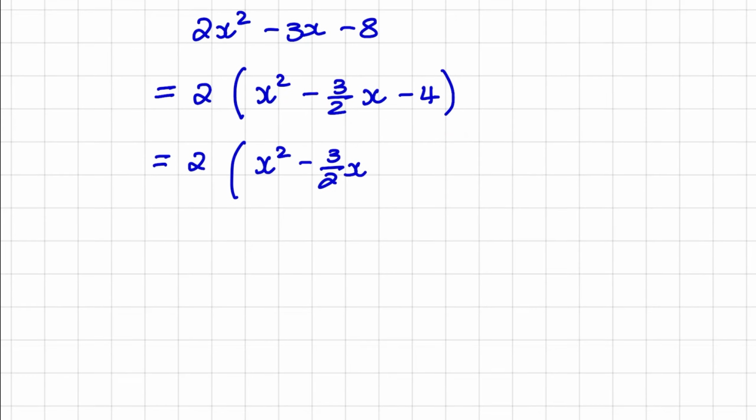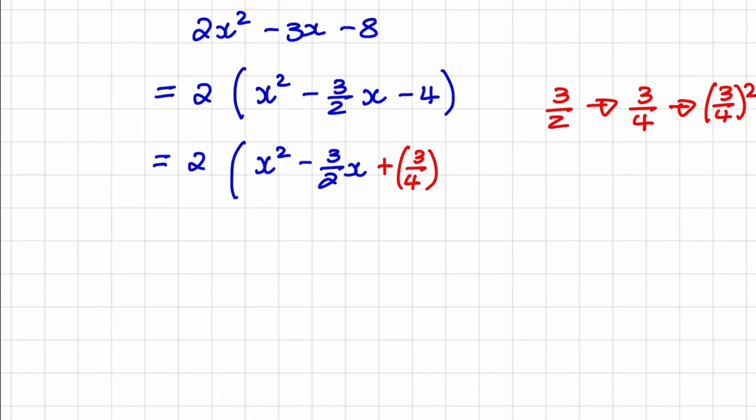So now we're going to look at the coefficient of x, which is 3 over 2, and we are going to add half of it. So half of 3 over 2 is 3 over 4, and then we are going to square that value. So we'll have 3 over 4 squared. So I'm adding 3 over 4 squared, but I'm also subtracting 3 over 4 squared.